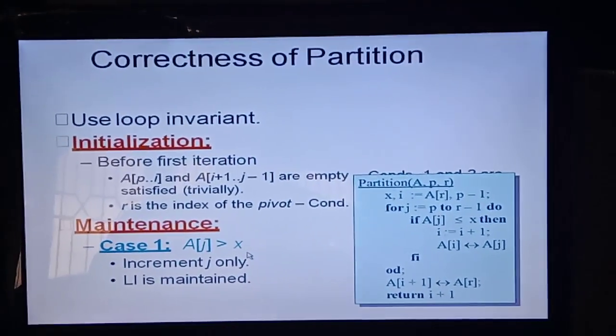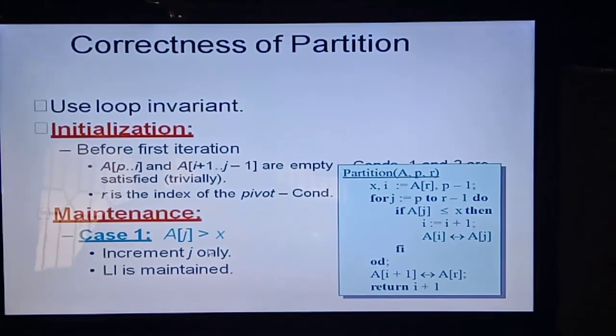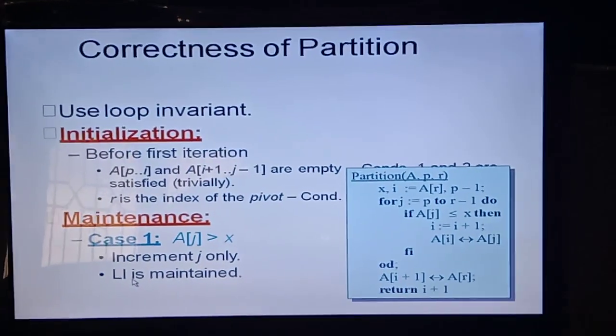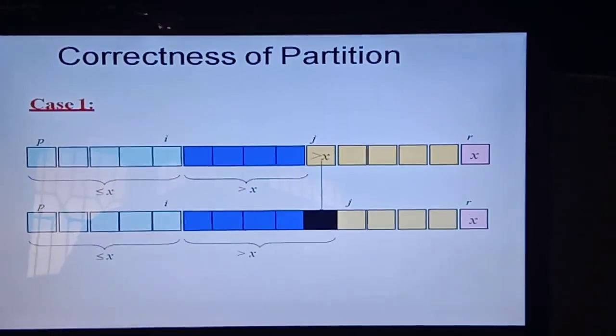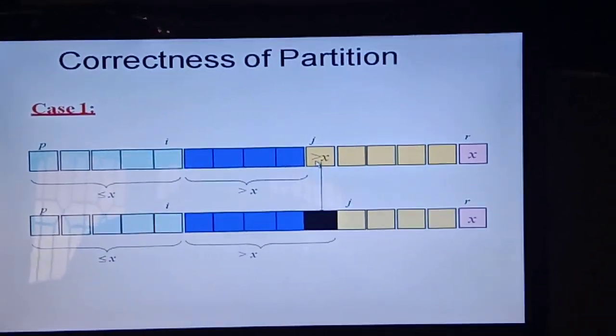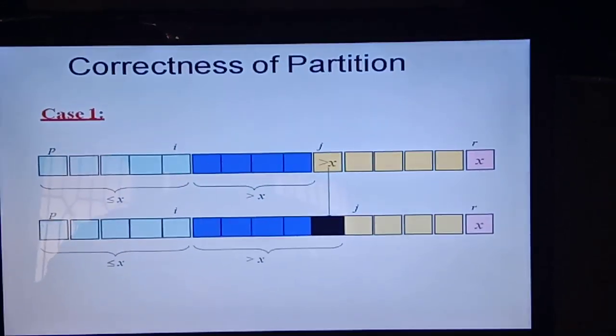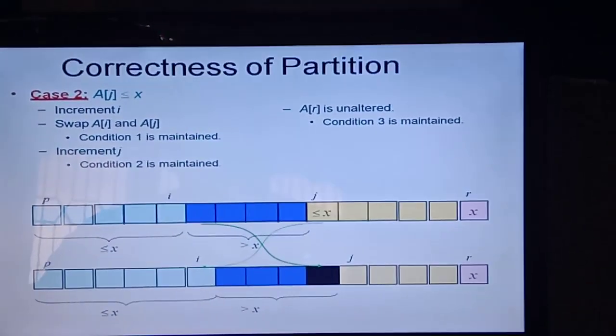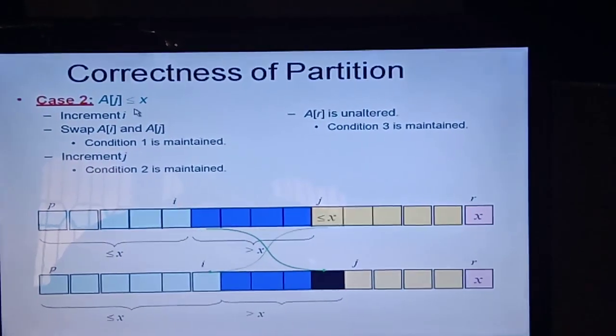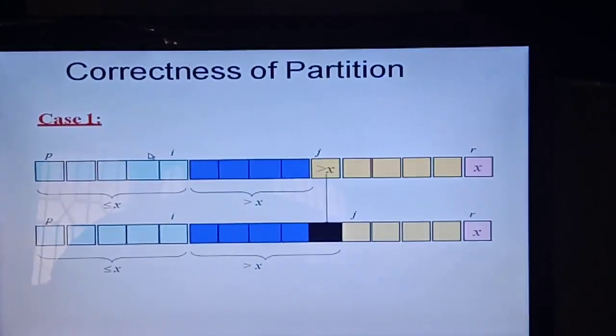Maintenance. Case 1, if A[j] is greater than x, increment j only, and the invariant is maintained. Case 2, if it is less, compare and swap. So here this is the greater-than condition.